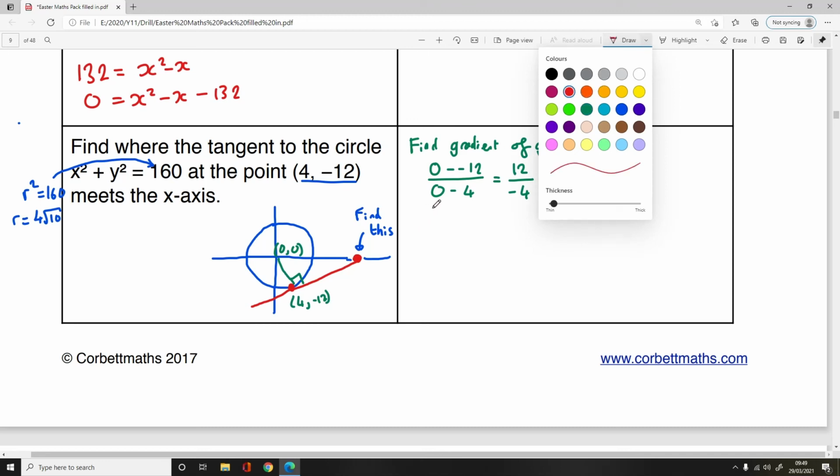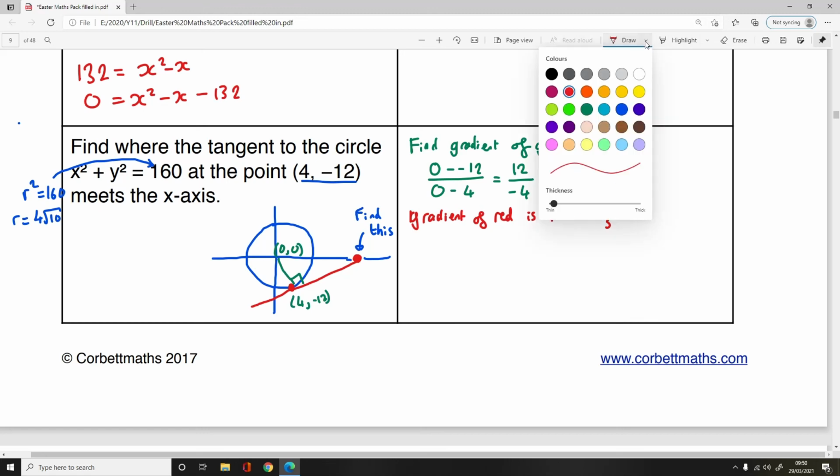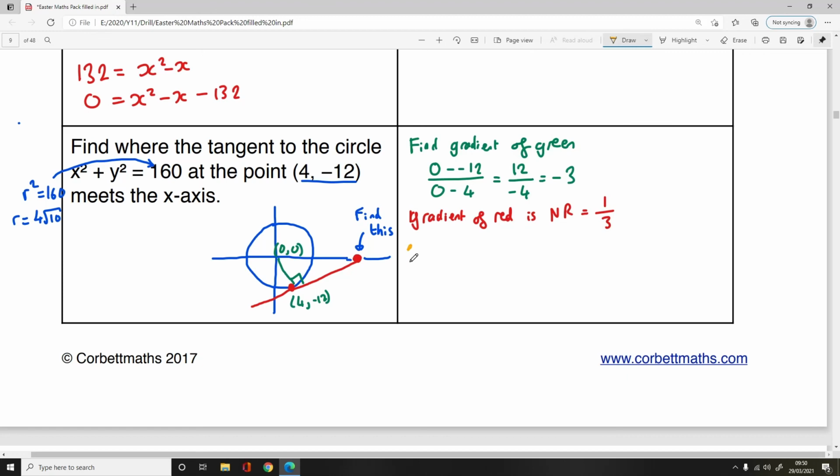Step 2 would be that the gradient of red is the negative reciprocal of that. Negative reciprocal of minus 3, so you flip it and you change the sign to be positive. So gradient of red is 1/3. The next thing that we need to do is we need to know the equation of red.